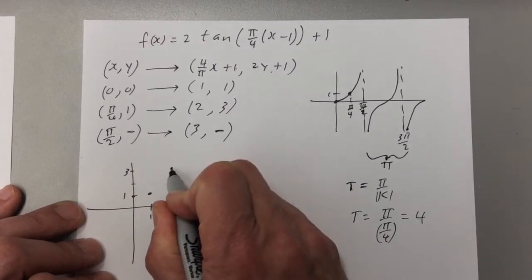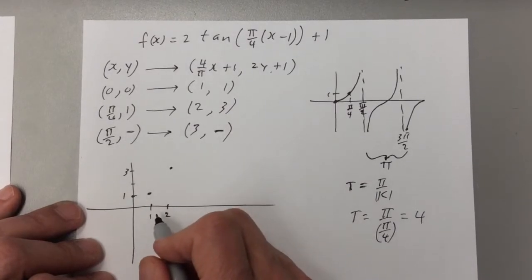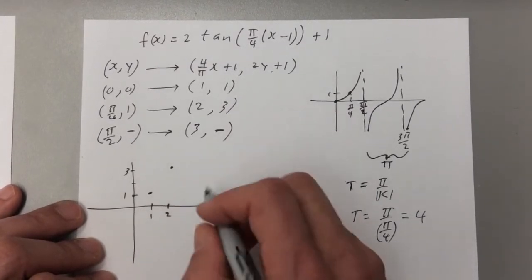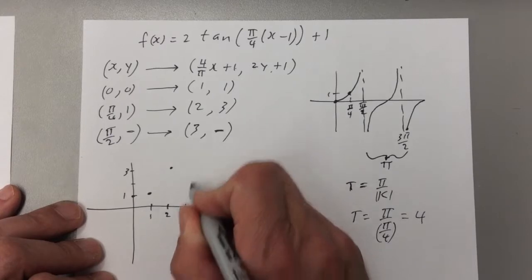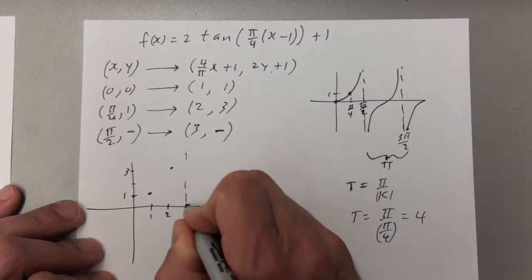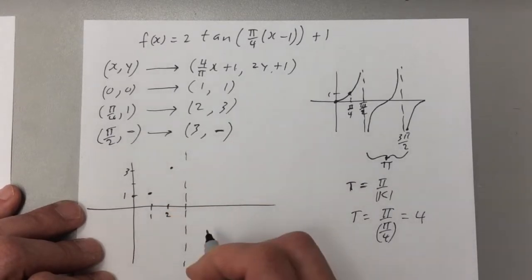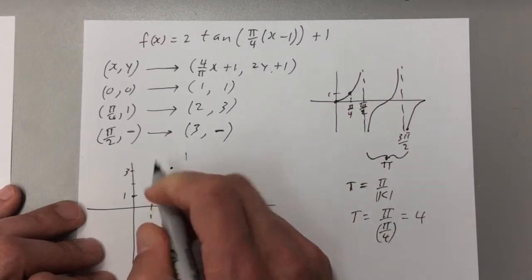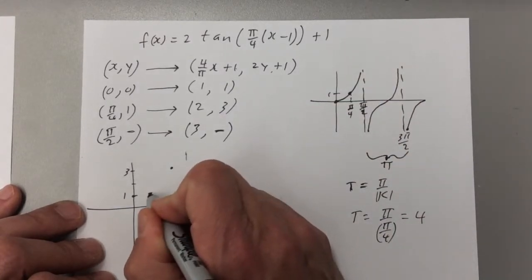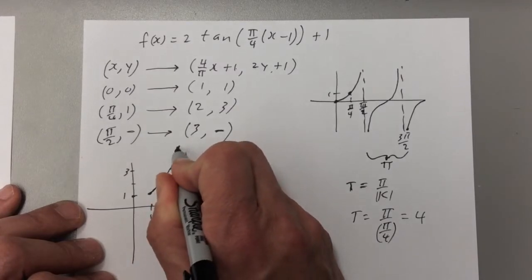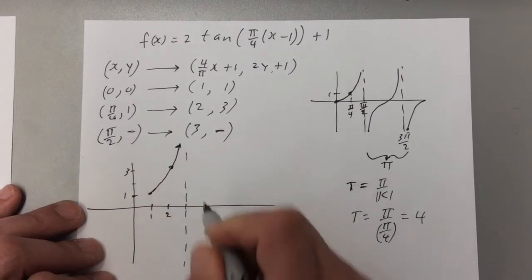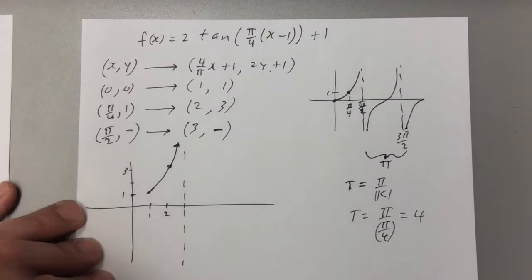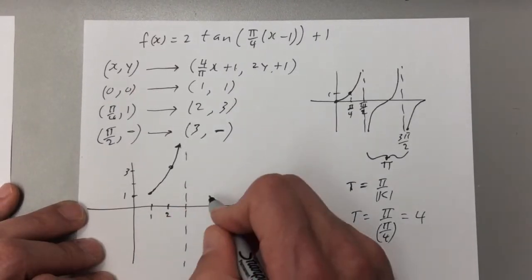And then the next one is going to be at 3, and that's the vertical asymptote. Okay. So we moved up everything 1. So this becomes this thing here. And then we go over, it's a period of 4.